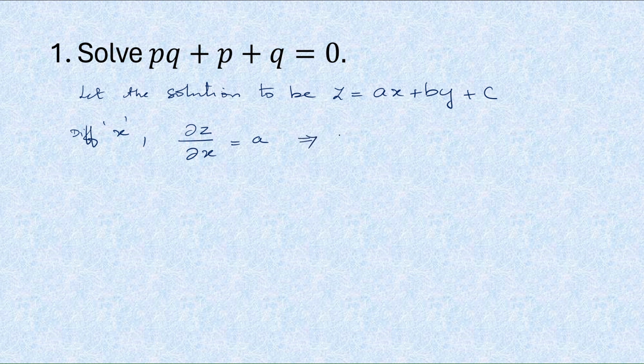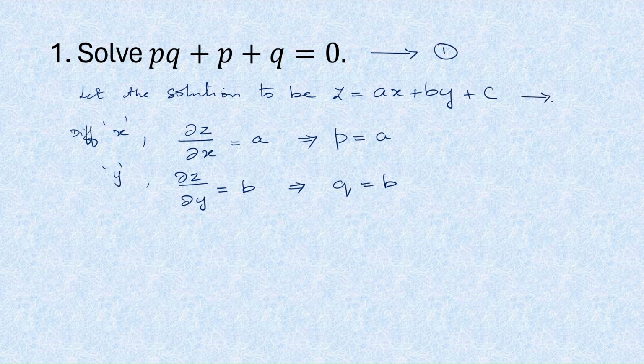Or otherwise, using the usual notation, dou z by dou x can be replaced as p, which is equal to a. Similarly, differentiating with respect to y, dou z by dou y is equal to b, which implies q is equal to b. Now let us mark this equation as 1 and this equation as 2.